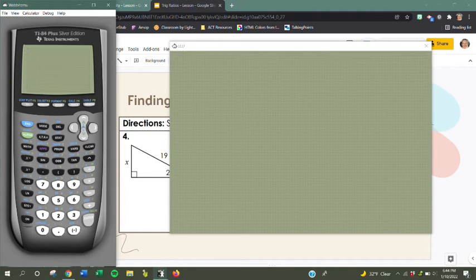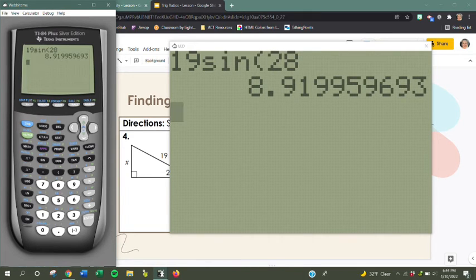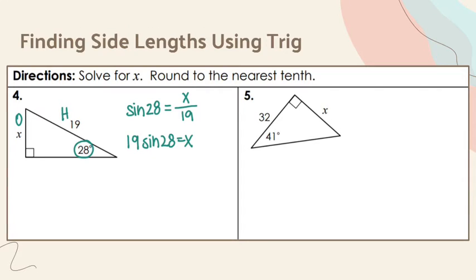So we are typing in 19 sine 28. So we're just going to type in 1, 9, and then sine is right here, 28, and hit enter, and you're going to round to 1 decimal point. So for this function, we are going to get x equals 8.9.